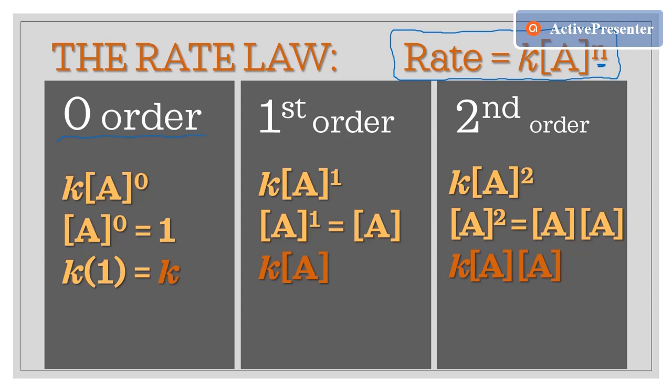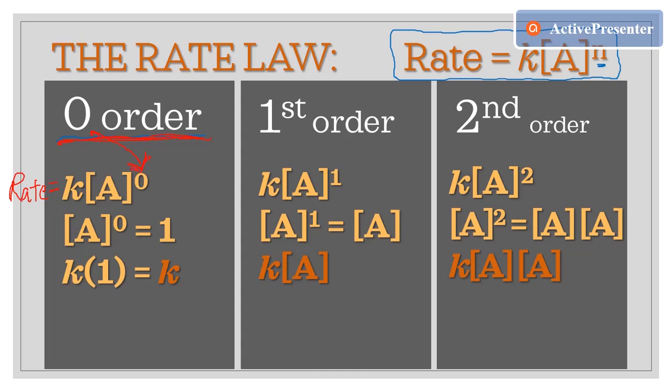The rate law would be the k constant times the concentration of A with the 0 exponent. And we have the 0 exponent because it's the 0 order.